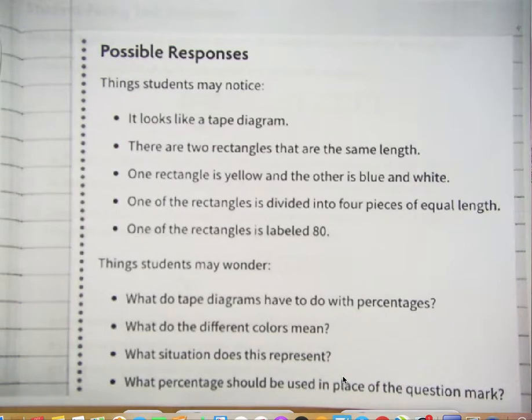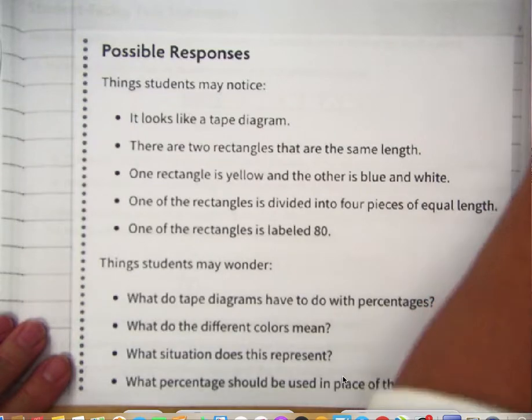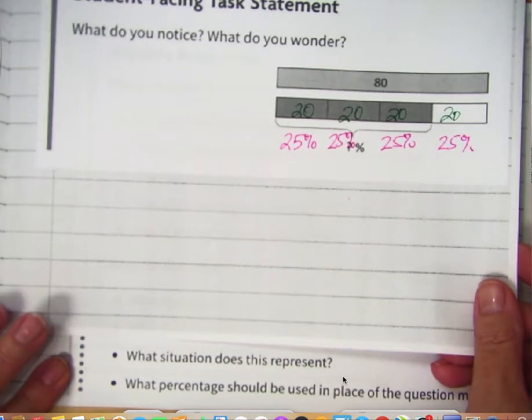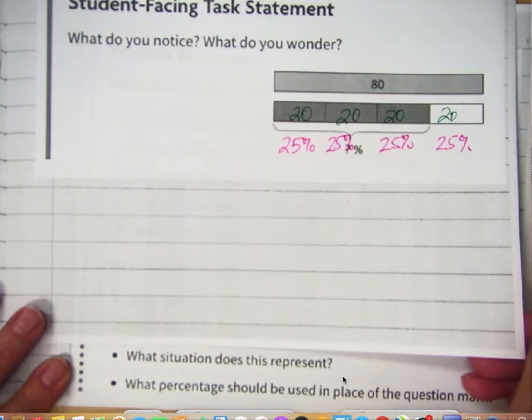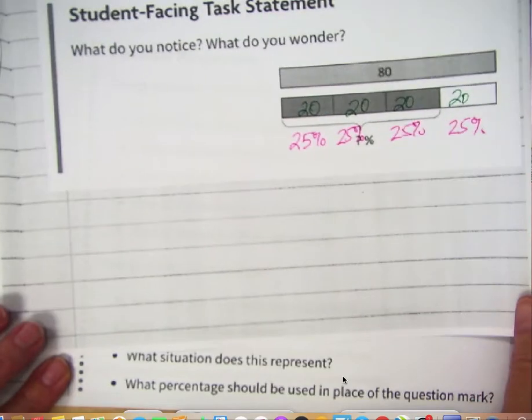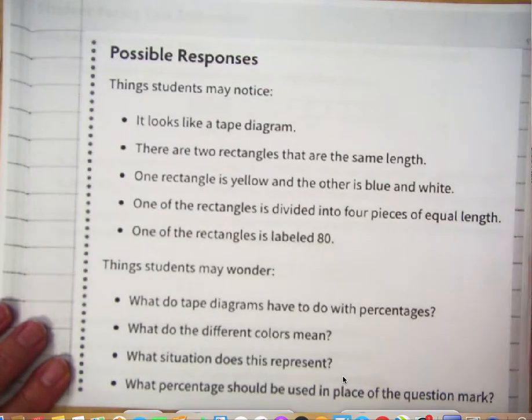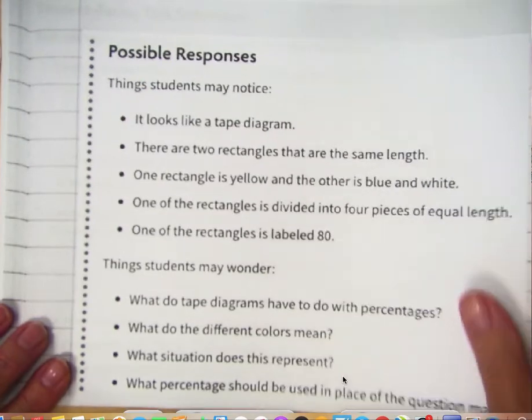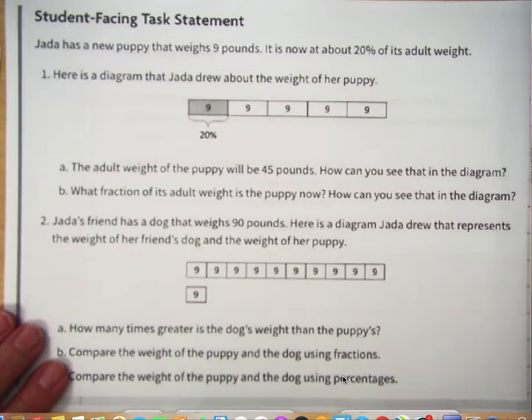What percentage should be used in place of the question mark? Well, if you'll look back, the brackets were around 3 of the percents. So 3 of the percents would represent only 75%. Okay?